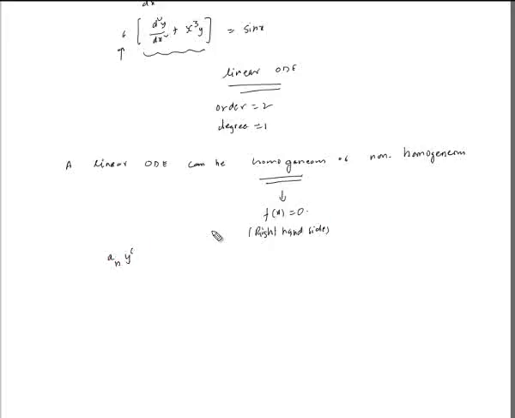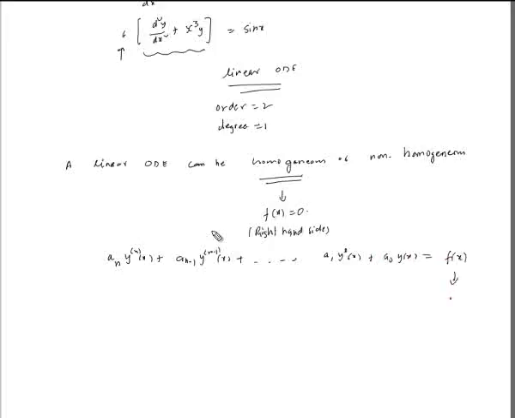An yn, the nth derivative, plus an minus 1 times the (n minus 1)th derivative, and so on, plus a1 y dash, the first derivative, plus a naught y of x is equal to this f of x.